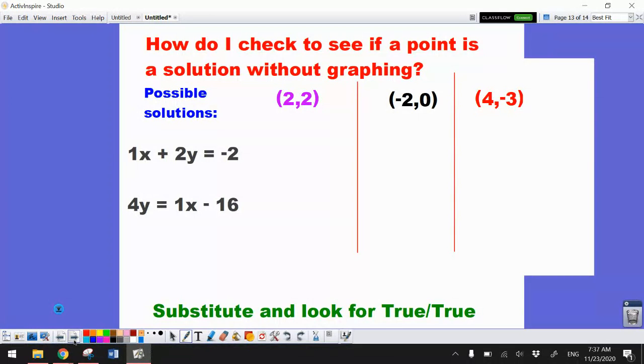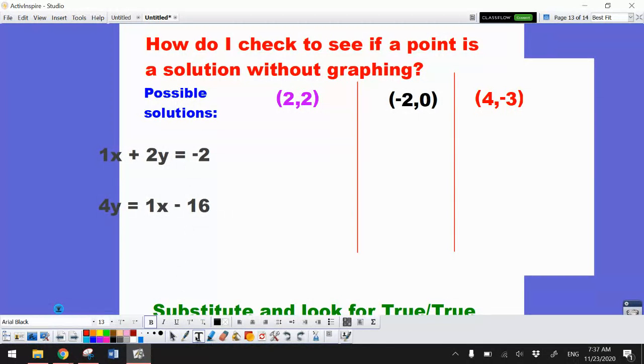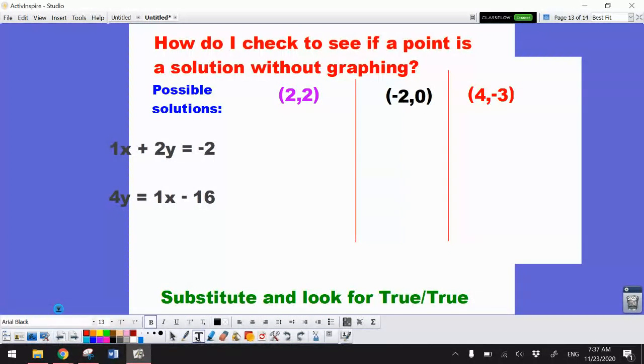So we've got 3 possible solutions here, and we're going to see if they are solutions. So here is what happens. This is exactly the same as how we check solutions when we are solving with elimination. Okay, we're going to substitute, and we are going to determine if the solution is true or false.